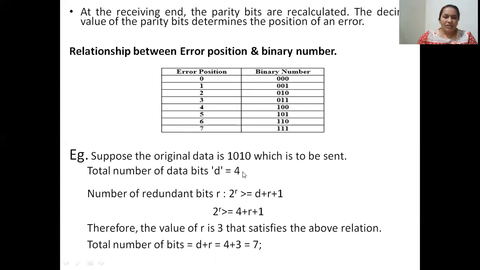So in this case, if we replace D by 4, we will get to know that R should be equal to 3. So the value of R equal to 3 will satisfy the above relation. Therefore, the total number of bits, which is equal to D plus R, will be equal to 7.